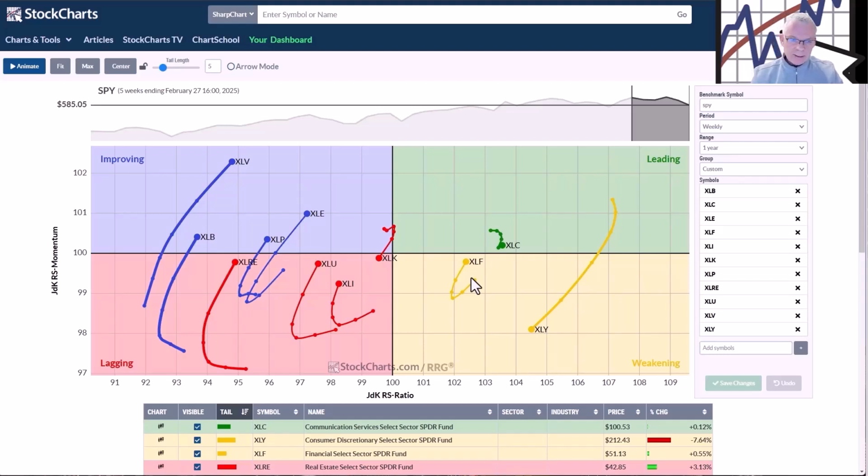I'm recording this Thursday after the close of the US markets. So you see that these segments are generally a little larger than what we've seen over the last few weeks. That means that there is movement going on. And we also see that that movement is, say, negative for consumer discretionary and technology.